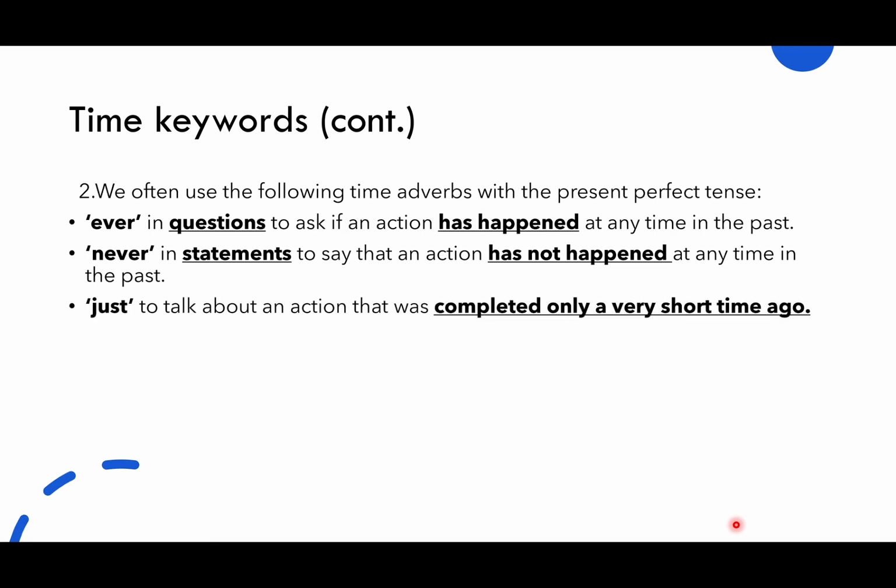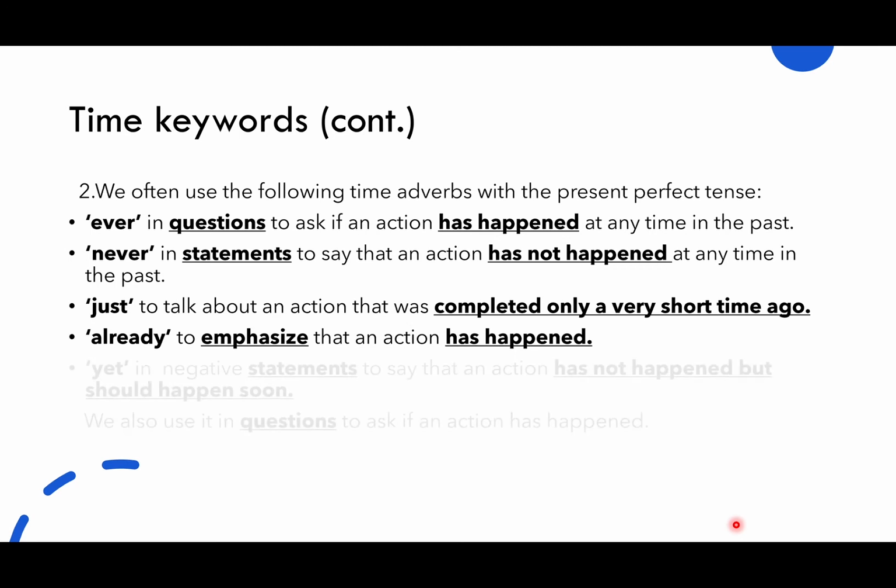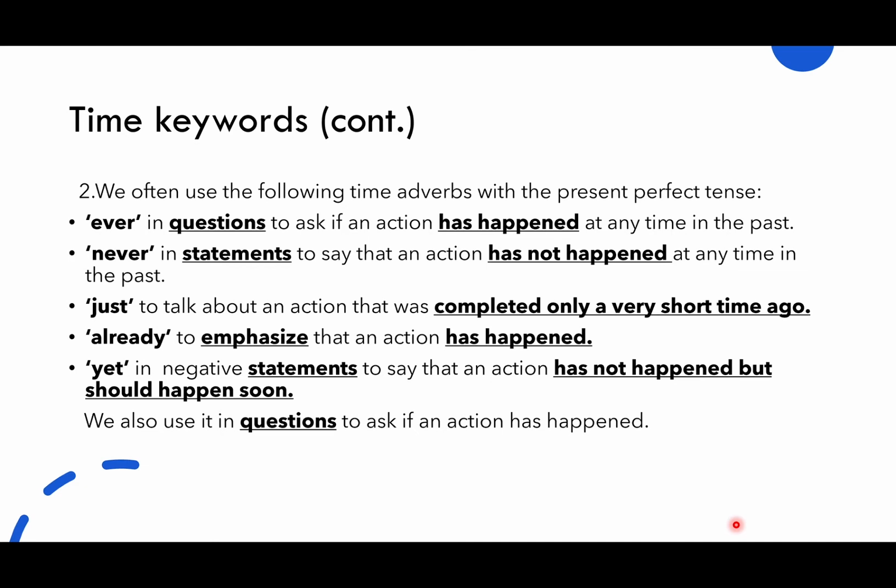Just to talk about an action that was completed only a very short time ago. Already to emphasize that an action has happened. Yet in negative statements to say that an action has not happened, but should happen soon. And yet we also use in questions to ask if an action has happened.